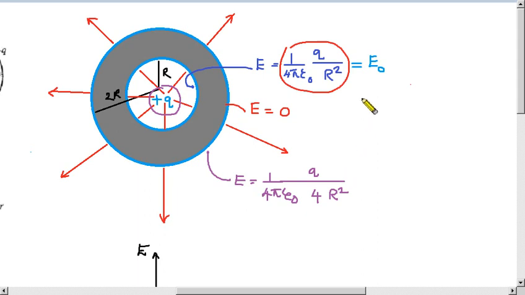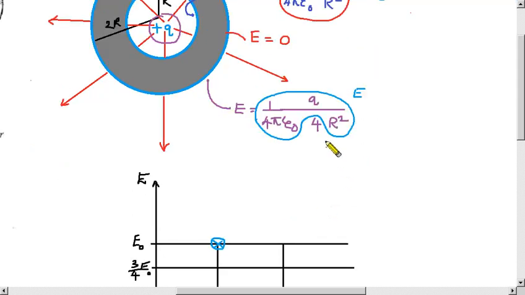So we first assume that this term is E naught. Let us mark it. This one is E naught. So we have 1 upon 4 additionally. So we can write one over 4, the quarter E naught. This one E naught, quarter E naught.